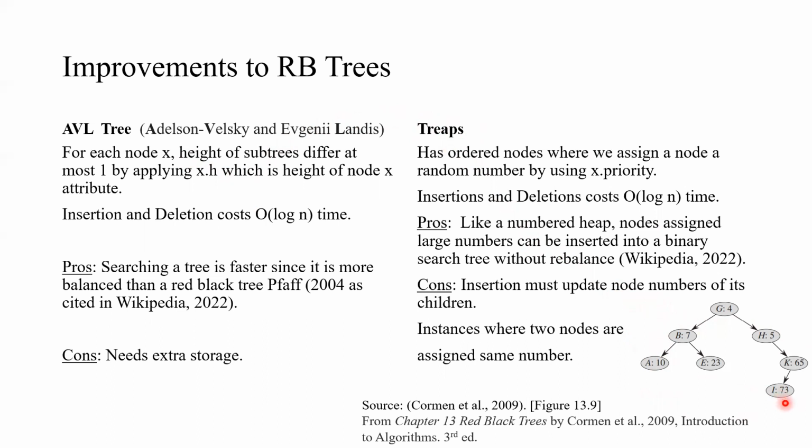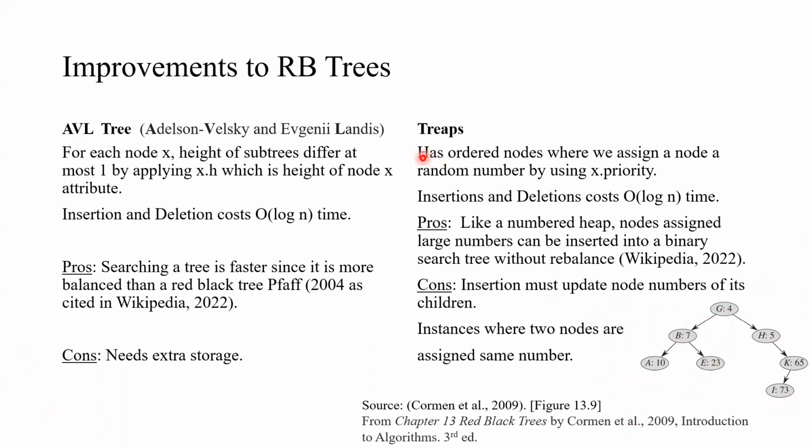It does not account for ordering in the different numbers. 73 is up top and should be in that spot since it's the largest, and 23 should not be the right child of 7. So you can think of this picture actually having the numbers more satisfying the heap property.